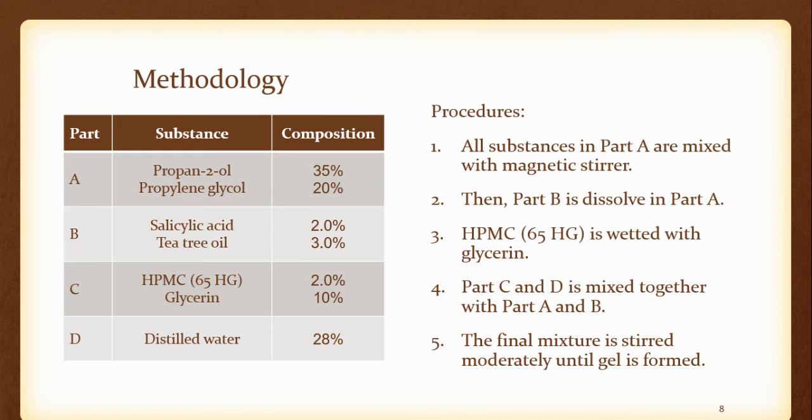Meanwhile, 2% of hydroxypropylmethylcellulose or HPMC is reacted with 10% of glycerin. This HPMC and distilled water is mixed together with pipe A and pipe B, and the final mixture is then stirred moderately until gel is formed.